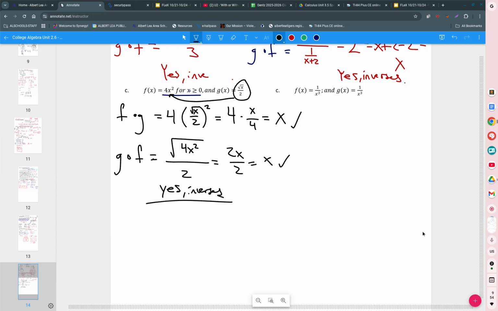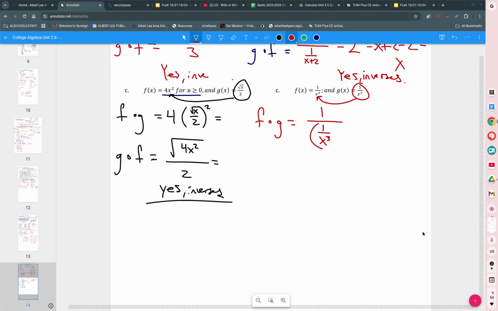We're good with that? All right, last one, f of g. I take the 1 over x cubed, I put it in the bottom, and I get 1 over x cubed, that quantity cubed.